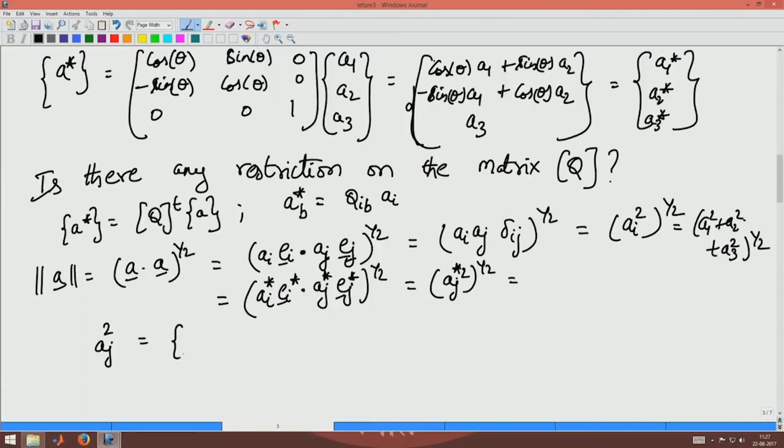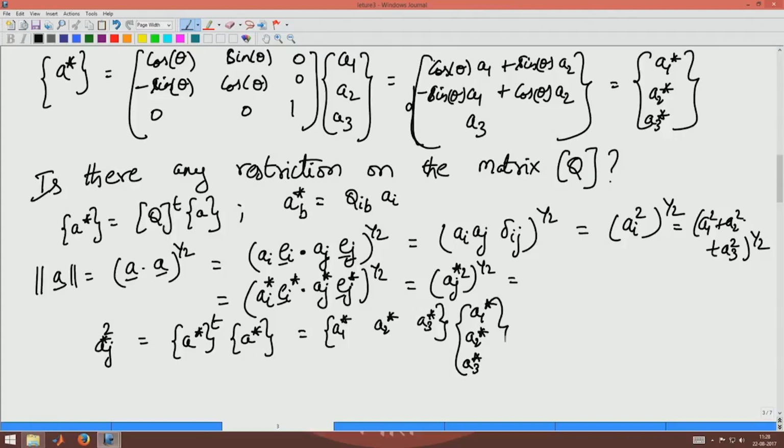This can be written as A star transposed with A star, right. A star, for me a vector is a column vector. So, A star transpose will give me A1 star, A2 star, A3 star, and this is A1 star, A2 star and A3 star. So, this gives me A_j squared.